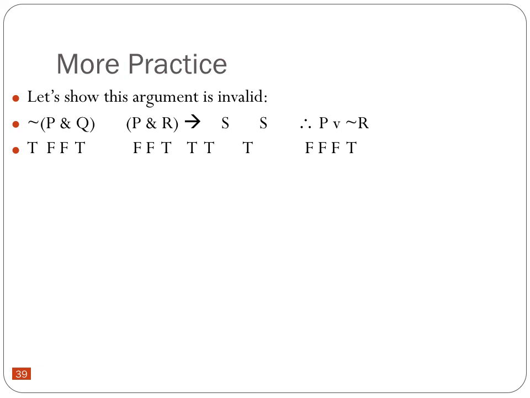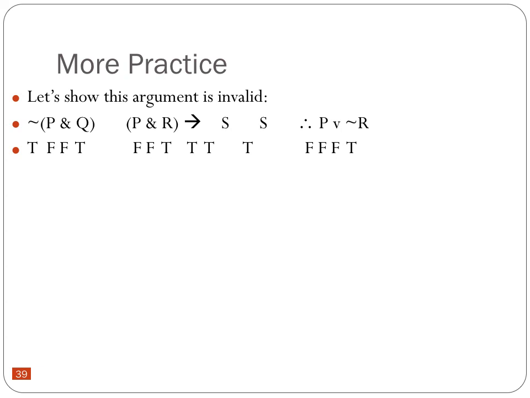And with Q, it doesn't really matter what we make Q, because either way, it's going to lead us to a false conjunction. If we made Q false, it would be a false conjunction, and even if it's true.